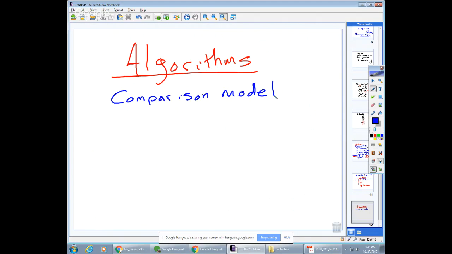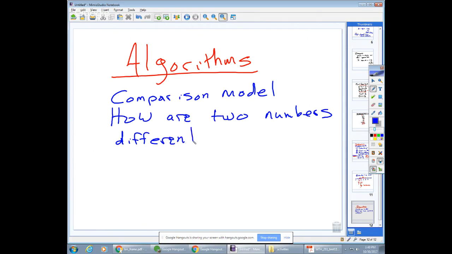And the comparison model asks, how are two numbers different? And a number line is kind of a nice way to look at this. So I'm going to put another number line up.